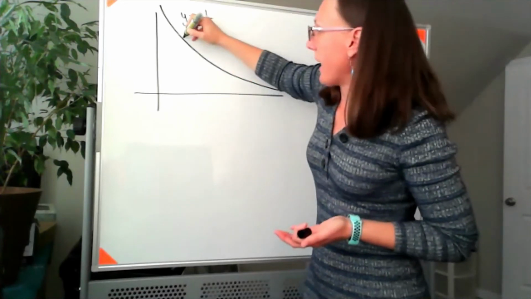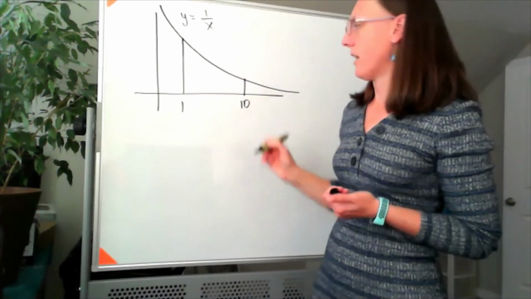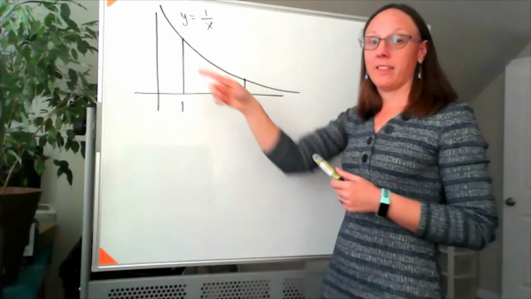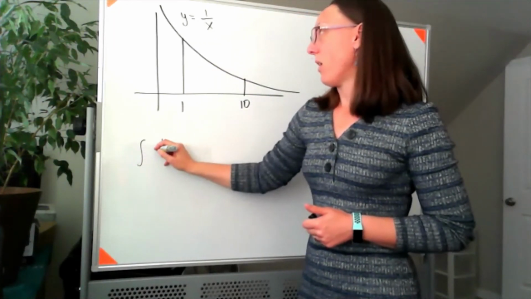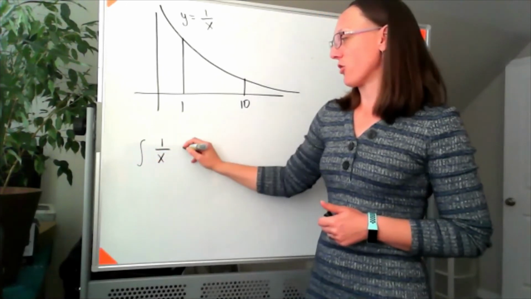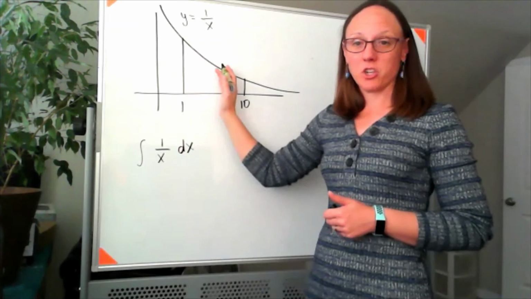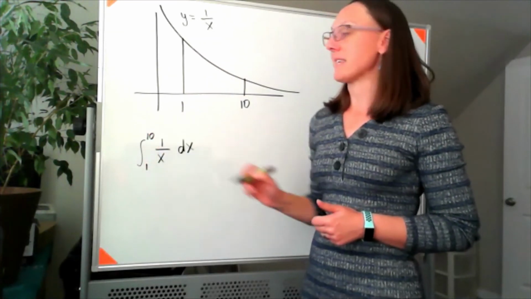And I want to define the area from 1 to 10. Well, as a definite integral, that would tell me to write the integral of 1 over x, here's my function, dx, and we'd be kind of thinking about this as a bunch of little rectangles that push as far to the left as 1 and as far to the right as 10.